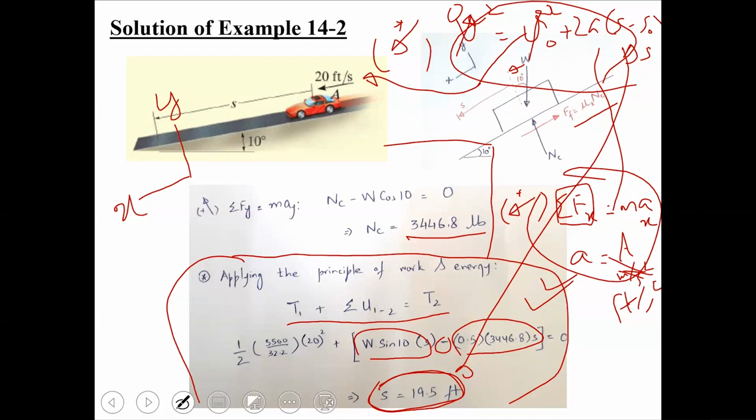So x axis मेरी conventional x axis नहीं है, ये down the incline axis को मैं x axis कह रहा हूँ. Okay, sorry. Okay, any other question which you want to ask regarding this example 14-2?